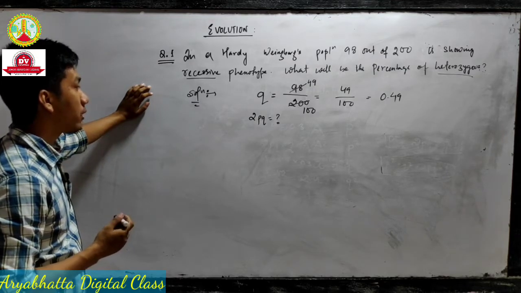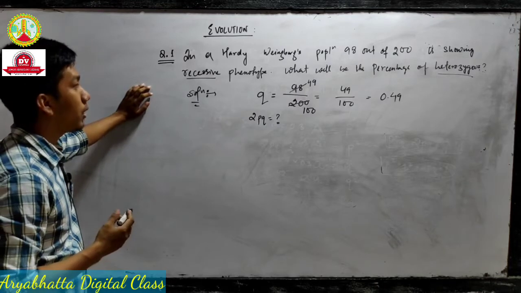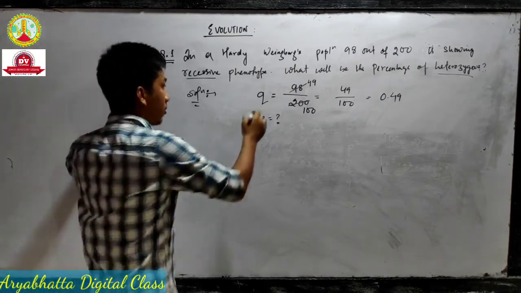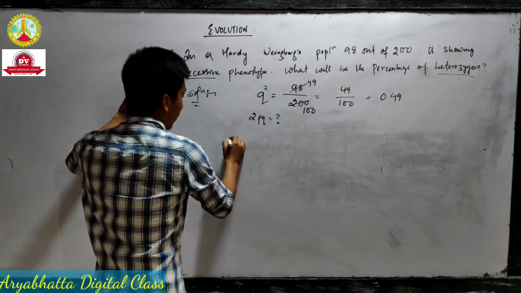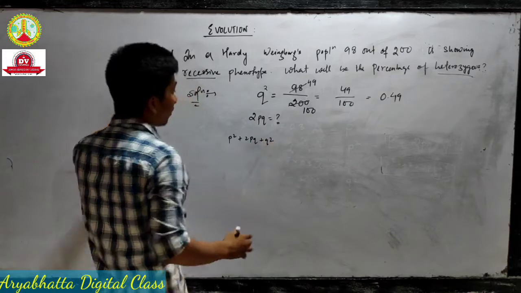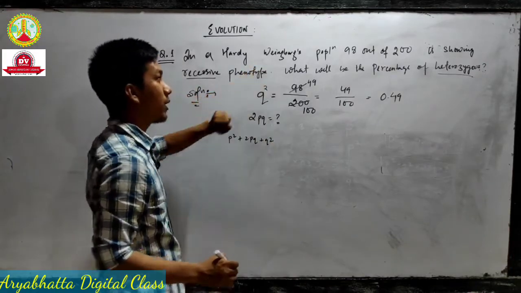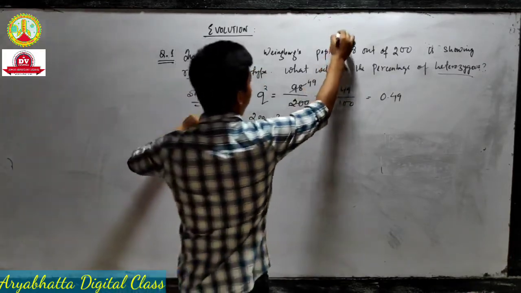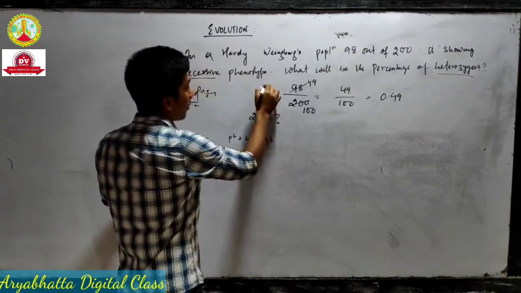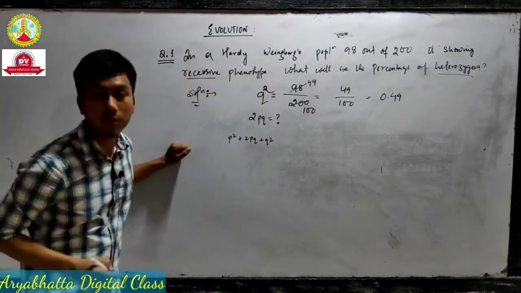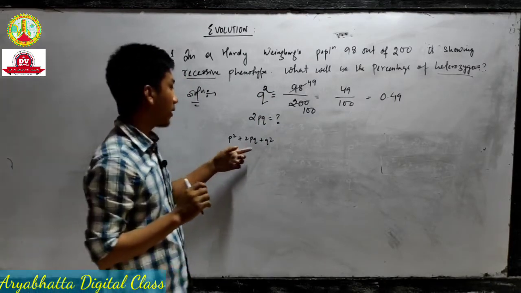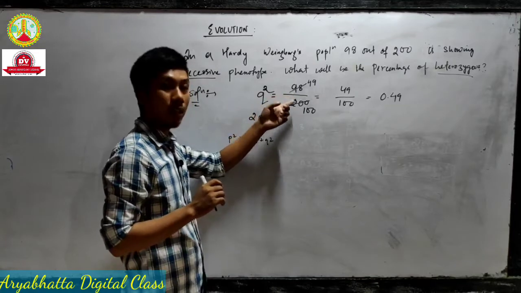Say the recessive phenotype is given as q square, because our formula is p square plus 2pq plus q square. If a question does not mention p or q, just put the value in the formula, like q square is given as 98 by 200.